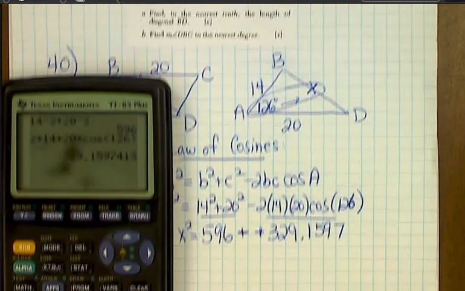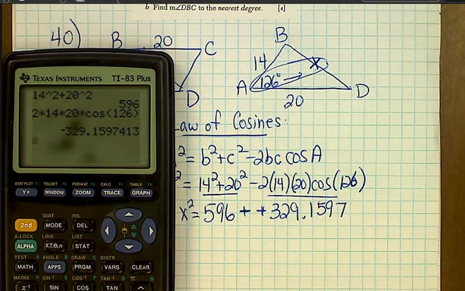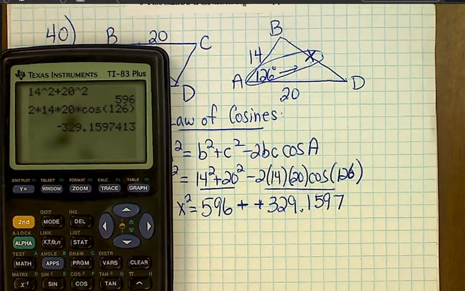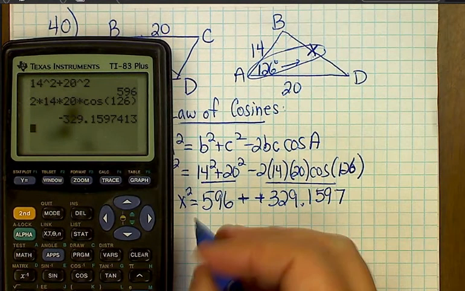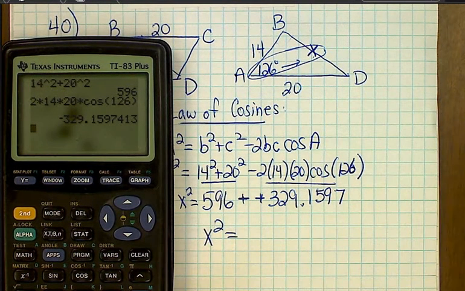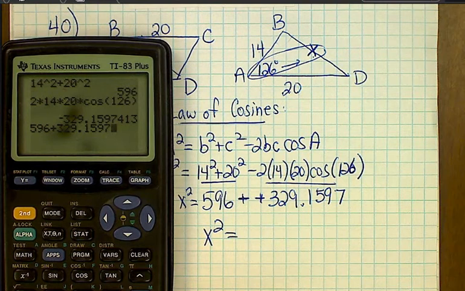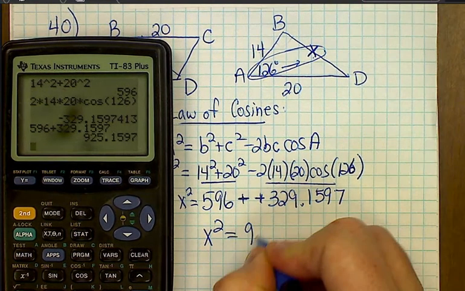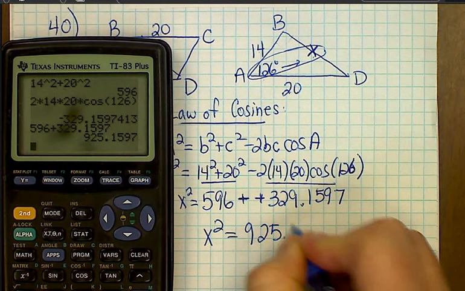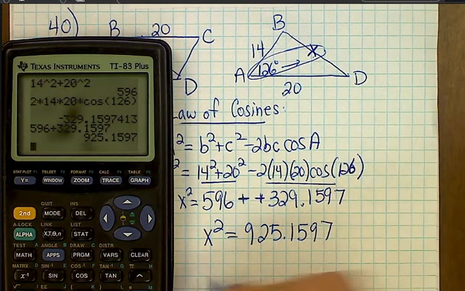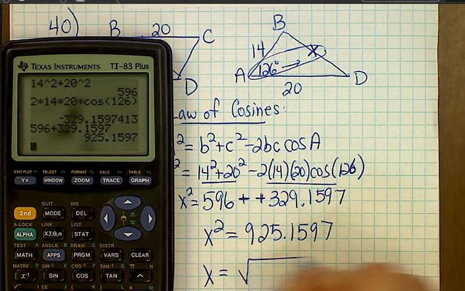Sorry, you didn't see all that. Minus and minus changes to a plus. All right, so then I have x squared is equal to 596 plus 329.1597. I'm going to get 925.1597. X is going to equal the square root of that.